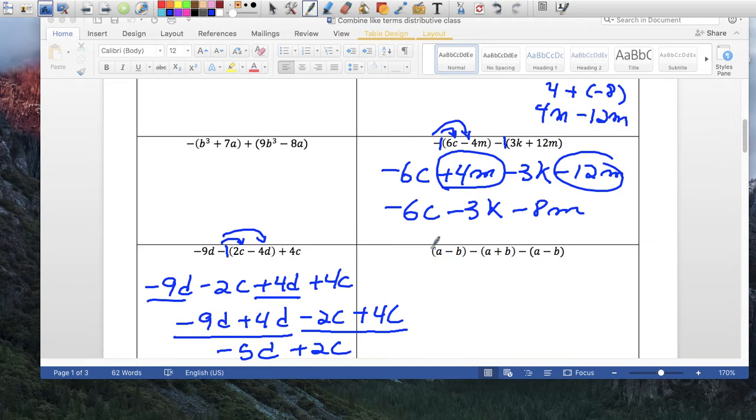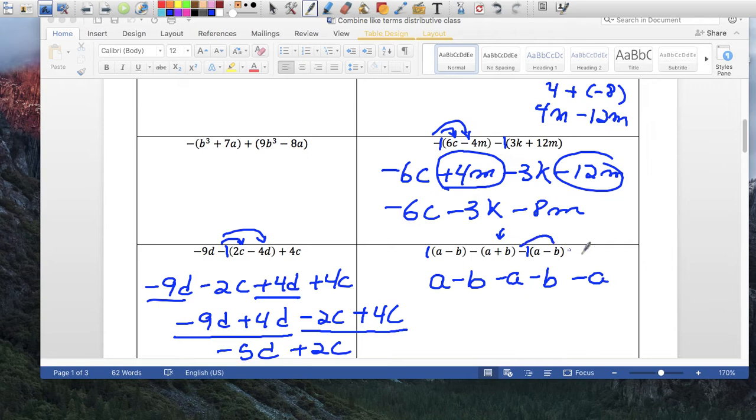Again, a minus b, there's nothing here, so pretend there's a 1, positive of course because there's no minus sign. So that's going to come out as a minus b. Here, there's a minus sign in front of this parenthesis, so the a plus b inside comes out as minus a minus b, comes out the other way. And again, this one has a minus sign, so put a 1 there. If you want to do the distributive property, you can. Negative 1 times a is negative a.